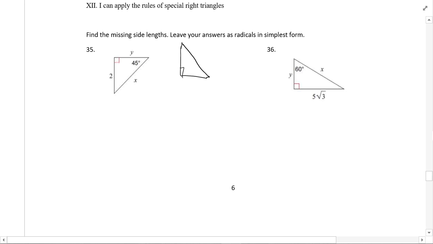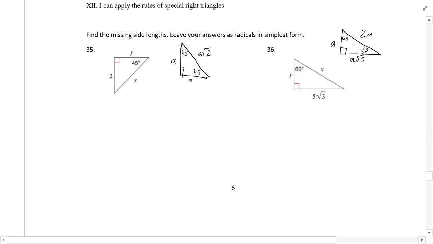For a 45, 45, 90 triangle, opposite of 45 is A, and opposite of 90 is A rad 2. For a 30, 60, 90, here's 60, here's 30. Opposite of 30 is A. Opposite of 60 is A rad 3. And opposite of 90 is 2A.